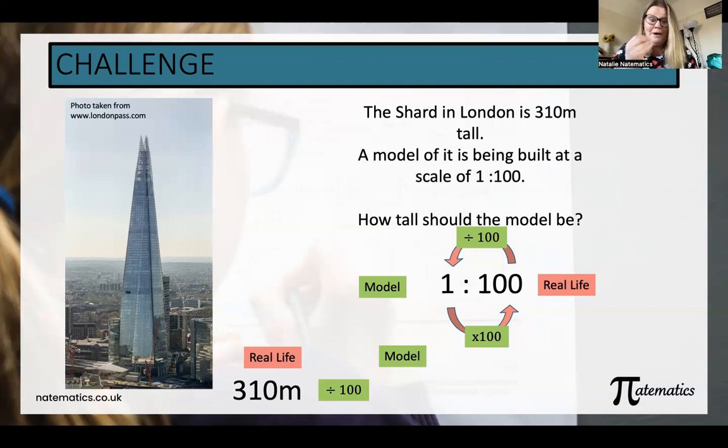You're dividing by it, so you're going that way. So the number will be 3.10 metres. If you move every digit 2 spaces, that's what you would get. You might not need to show it like that. If you're asked to give it to 2 decimal places, that would be okay. However, 3.1 metres is totally fine, unless you've been told to give it to 2 decimal places.